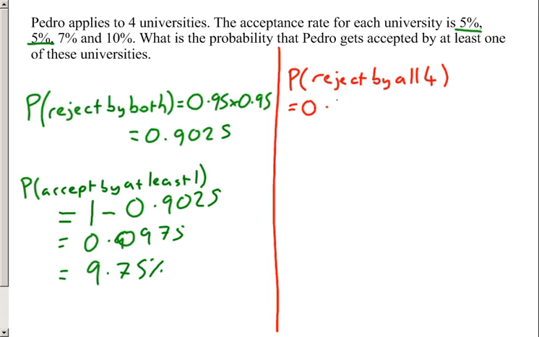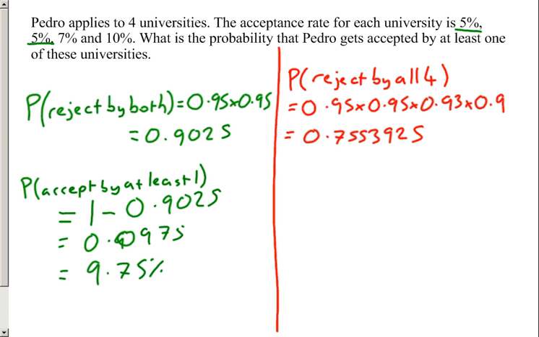So 0.95 times 0.95 times 0.93 times 0.9. And that's equal to, let's work that out, 0.95 times 0.95 times 0.93 times 0.9. That gives us 0.7553925.